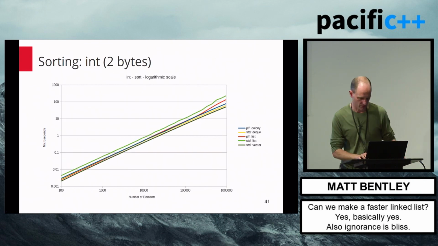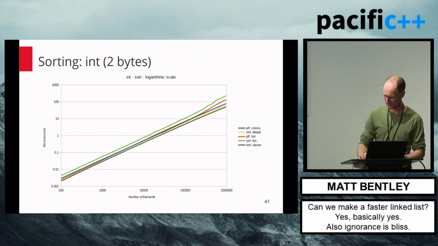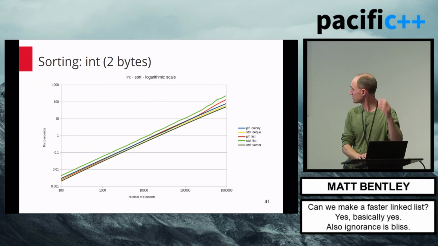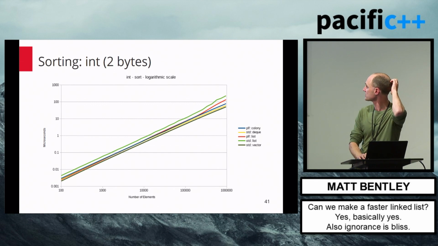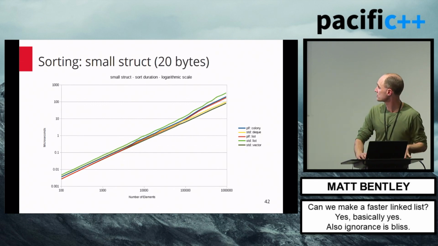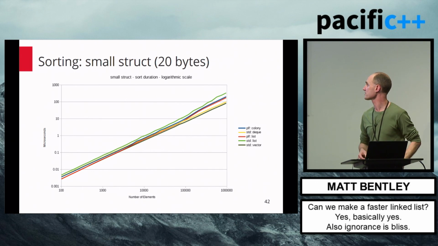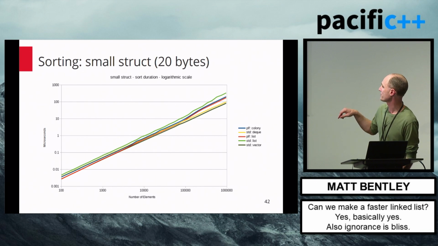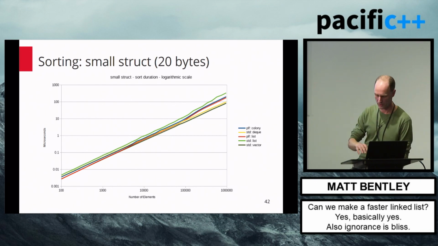So, sorting, integers, standard list not doing too well, PLF list doing roughly about the same as deque up until around 1,000 elements, then it gets a little bit worse. Small struct, PLF list is about the same as vector plus standard sort until you get to around 5,000 elements, and then it starts to get a little bit worse.